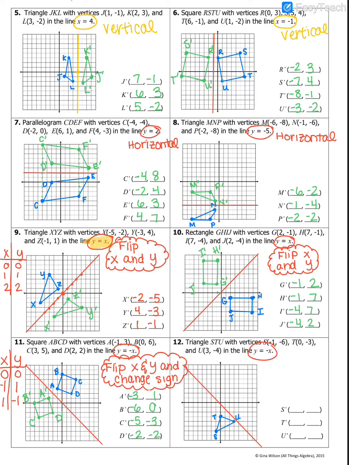So -1, -6 would become -6, -1, but then I have to change both their signs. So it becomes +6, +1. T prime, flip-flop them and change their signs. So I get 3, 0. And then with U, I'm going to change it to -4, 3, but then I have to change their signs. So they become 4, -3. I'm going to plot those real quick.